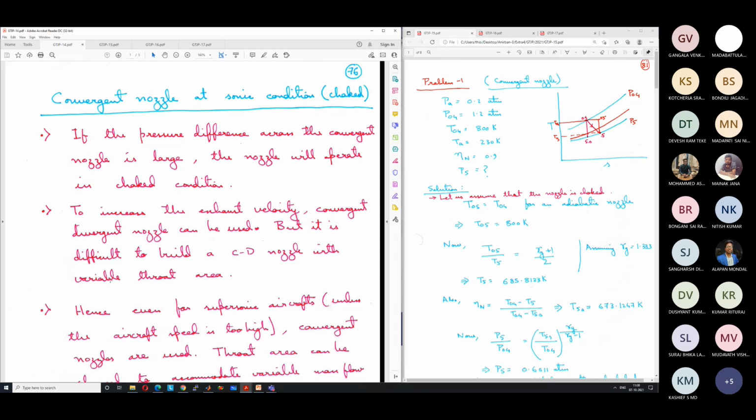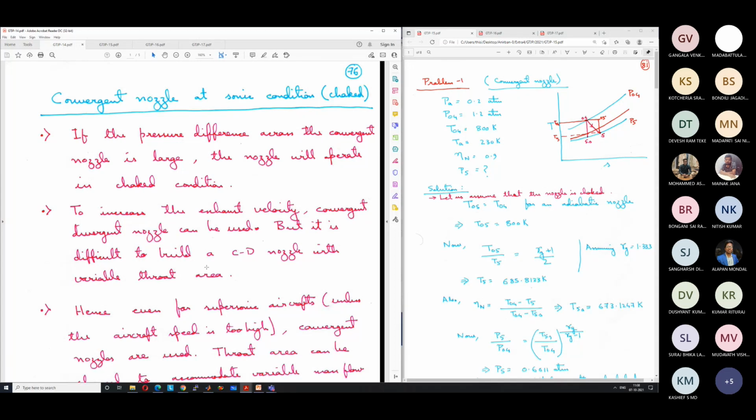So for a convergent nozzle, where the area decreases along the length, at the end of the nozzle the maximum velocity occurs and it is equal to sonic velocity, and the temperature is equal to the critical temperature, and pressure is known as critical pressure. They are denoted by P star and T star. Let us quickly recap this part.